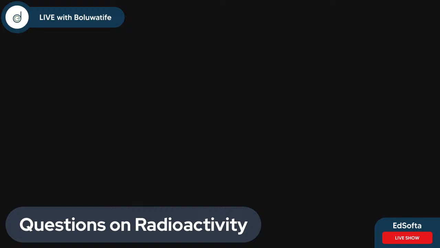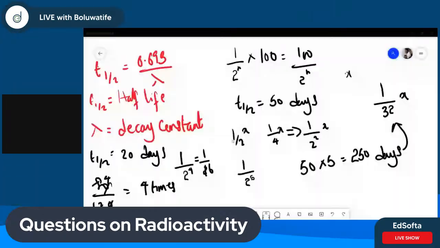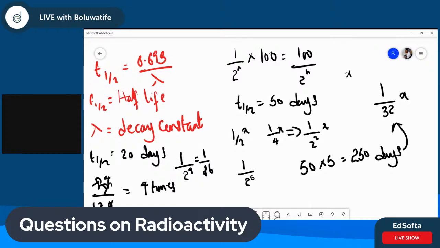And the formula for half-life is pretty straightforward. Let me pick up my board. As I've indicated here, this is the formula for half-life: 0.693, which is ln 2, over our decay constant.